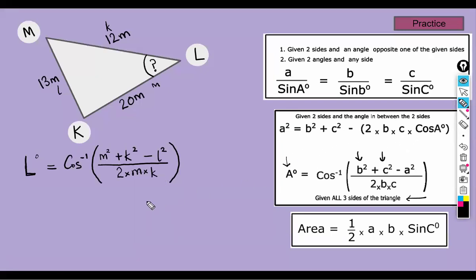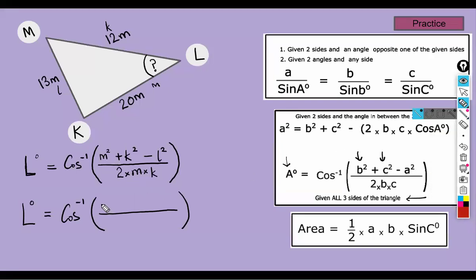So now it's just to substitute in the values. So let's substitute in the values, right? I'm going to write it underneath. So it's m squared plus k squared minus L squared.